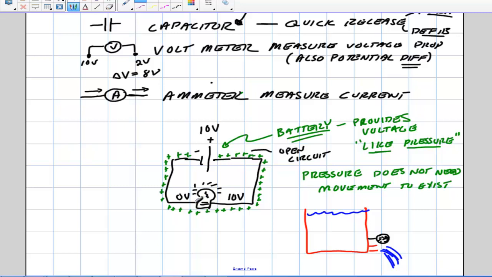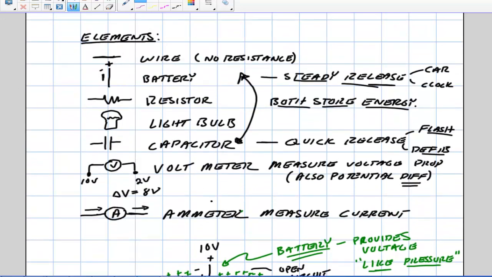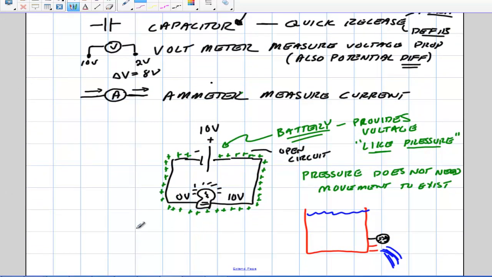So how can you have no pressure but the charge keeps moving? Seems kind of strange, right? I mean, don't you need pressure to push the charge back? And the answer is that since this wire has no resistance, it's the same thing as if you were in outer space floating around. You can keep moving without a force because there's no resistance to stop you.